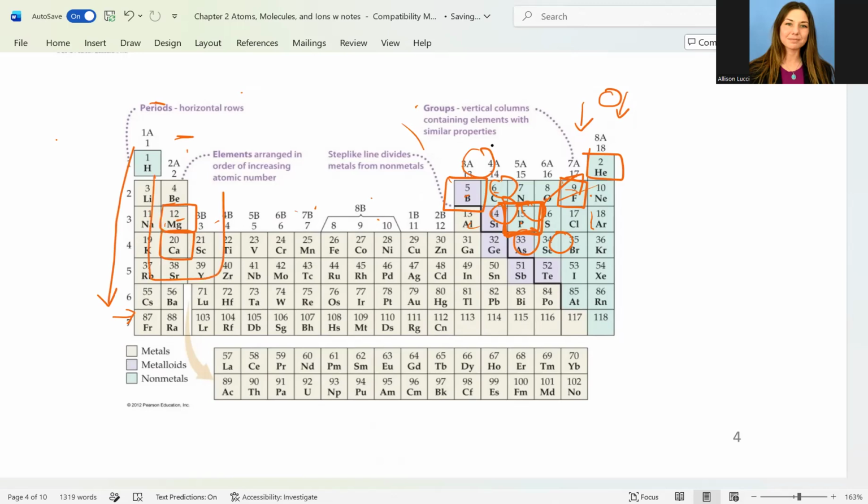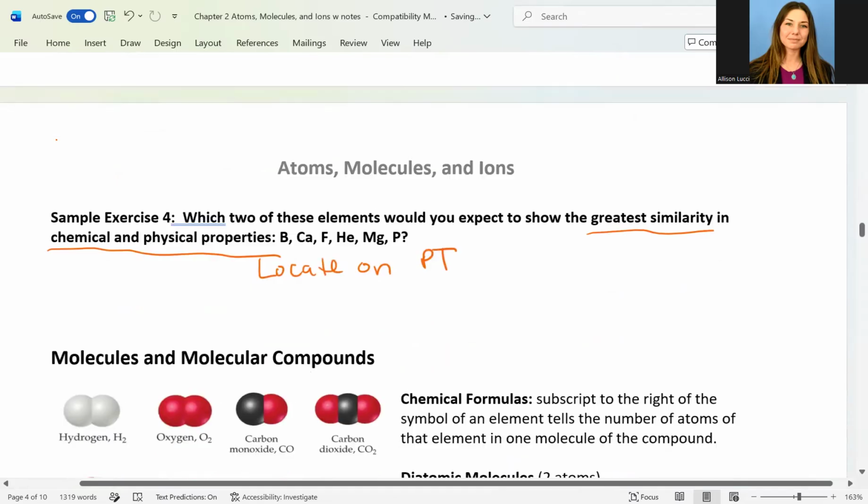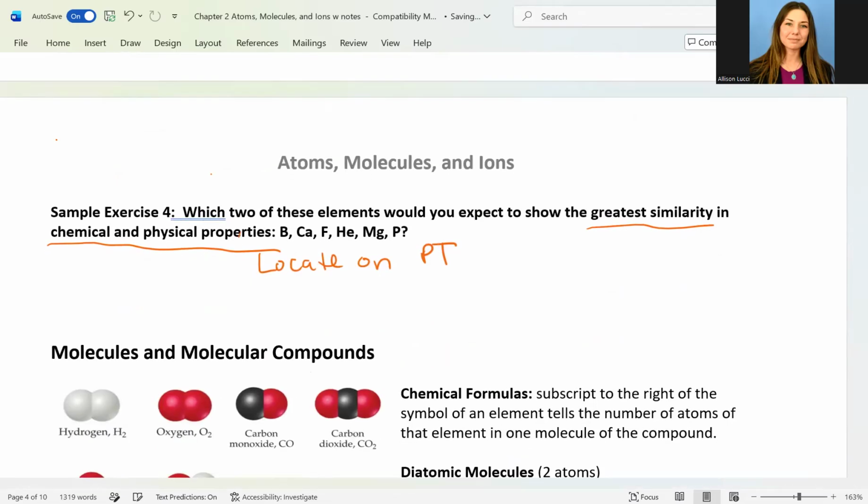But we see over here, both magnesium and calcium are group 2. So we would expect them to have the most similar reactivity. So the answer to this question would be calcium and magnesium because they are in the same column. So same column, same reactivity.